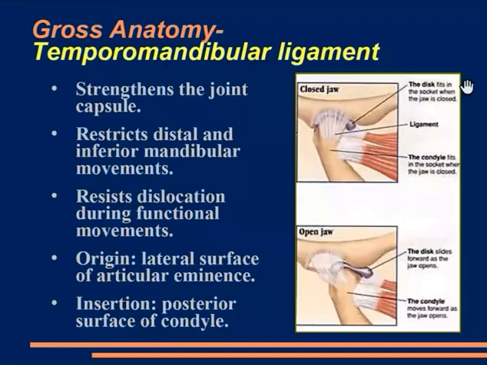Because it's a dense fibrous connective tissue, it restricts the distal inferior mandibular movement so that the condyle is not dislocated. It resists the dislocation during functional movement, and it originates from the lateral surface of the articular eminence and is inserted on the posterior surface of the condyle, as you can see here in the open jaw.